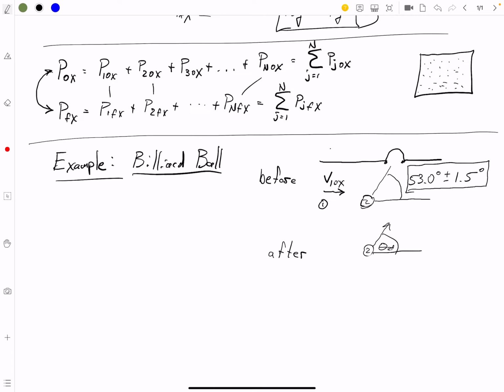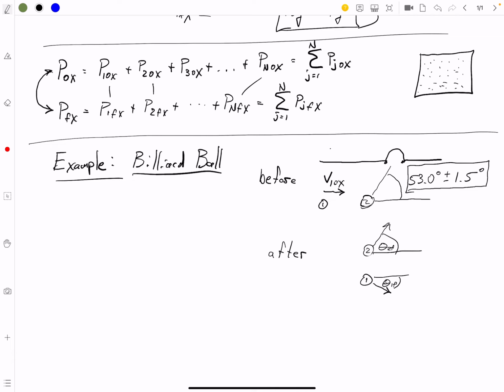Okay, and then our number 1 ball is also going off, and it's going off with some theta 1 final. Okay, so we've got a theta 2 final and a theta 1 final. And technically, what do we want to know?